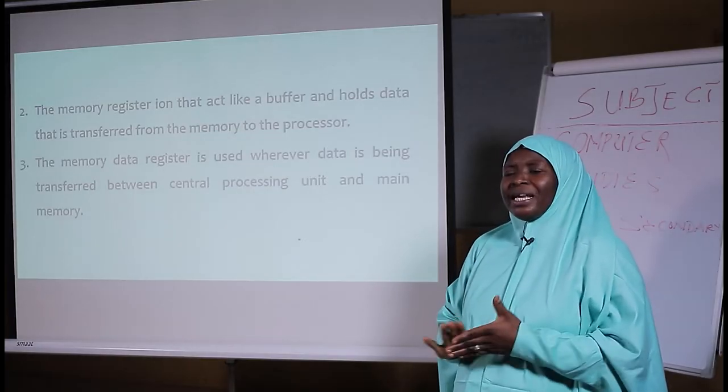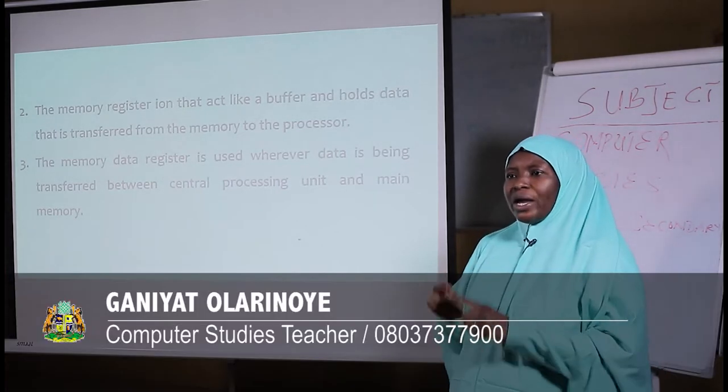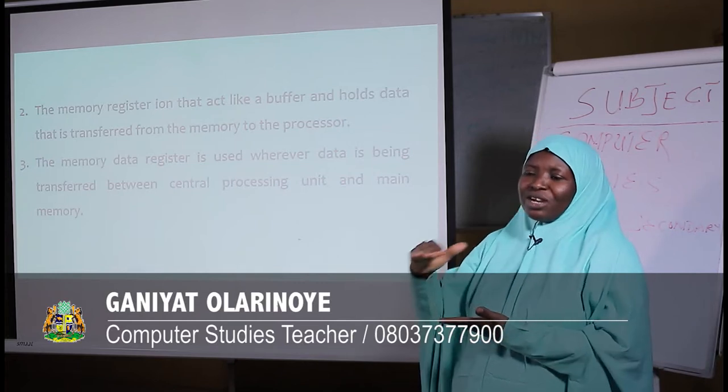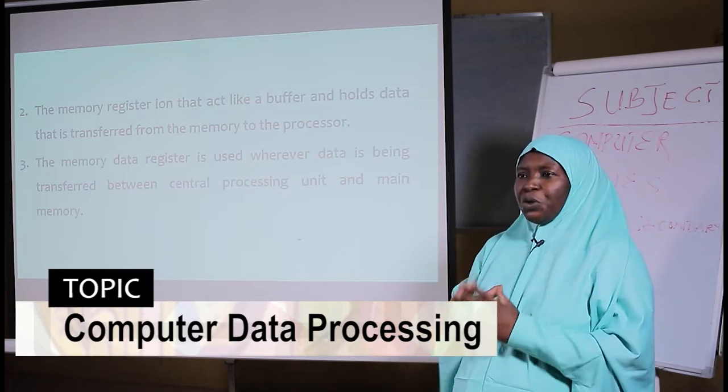The main memory is attached to the central processing unit. That is why you say the main memory always transfers data to the CPU directly, unlike the secondary memory, which is our external storage. Transfer of data from the external storage, because it's an external device, it's not attached to the system. That's one of the major differences between the main memory and the auxiliary memory.